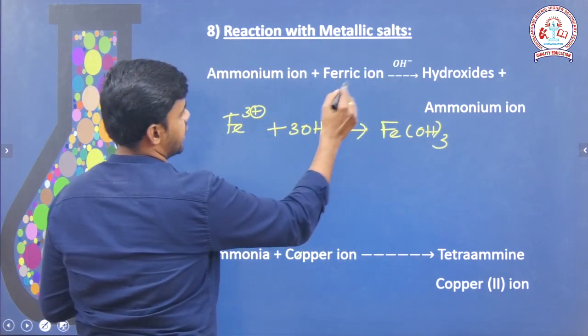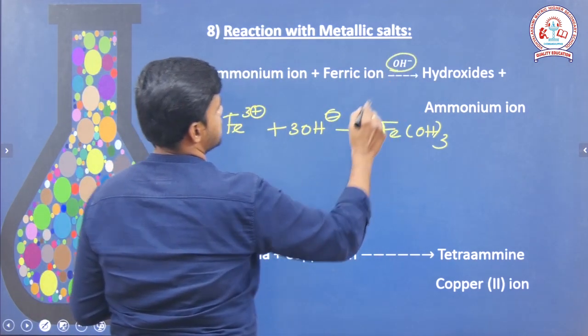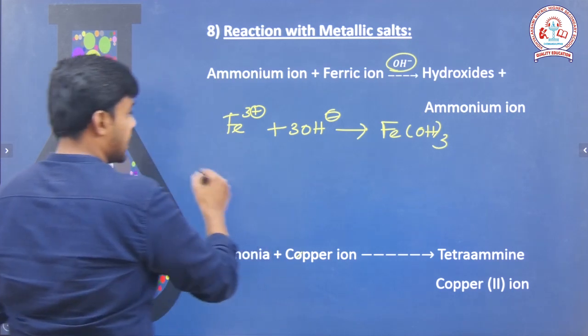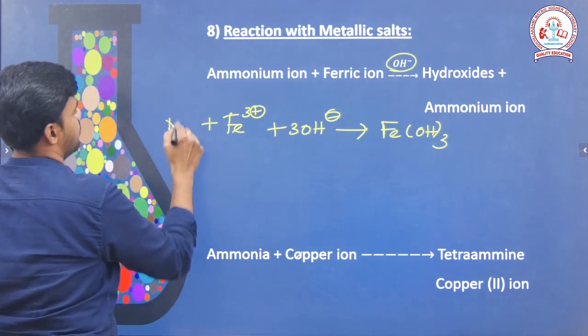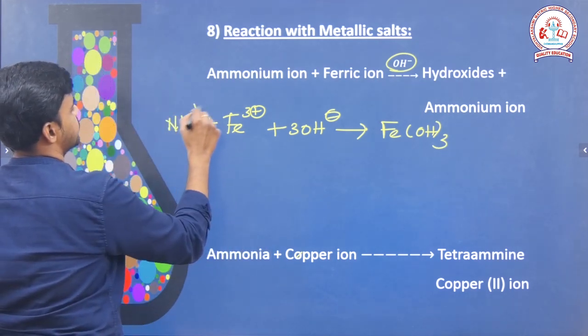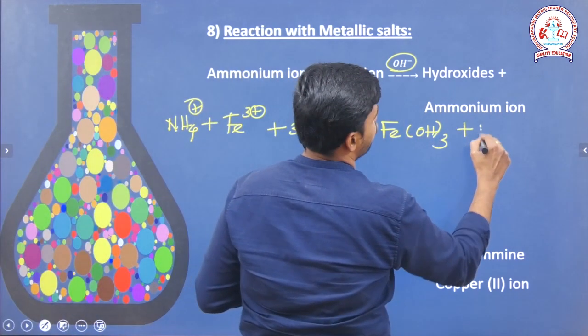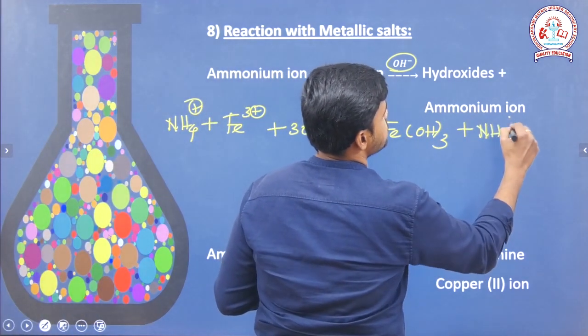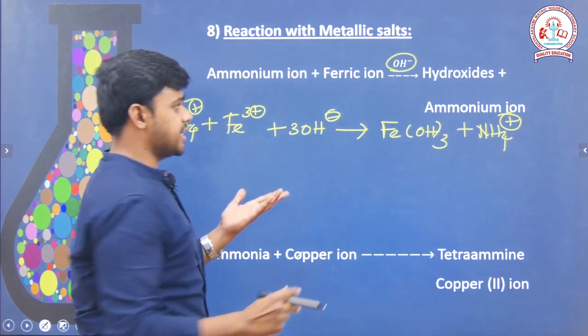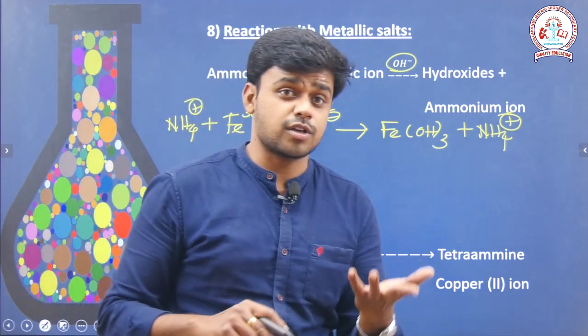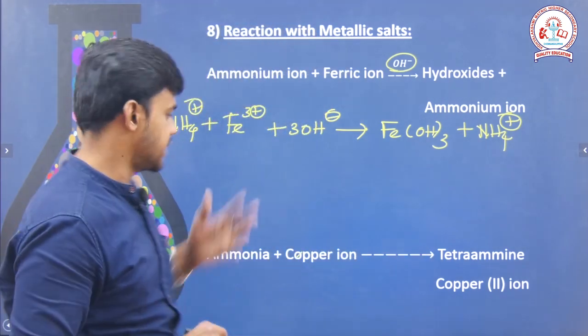This ferric ion when it is treated with OH- forms hydroxide, and this happens in the presence of an ammonium ion NH4+. Just reaction la involve ஆகிறது இல்ல, but in the presence of an ammonium we will be getting the hydroxides of a metal ion. So that's what here it means.